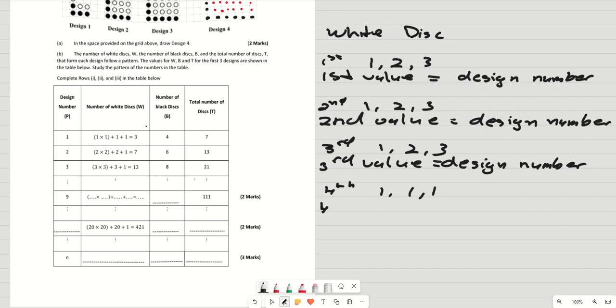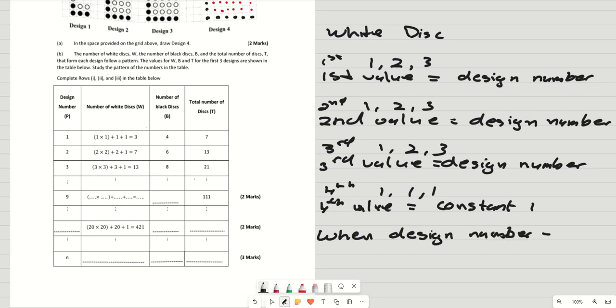So your fourth value is equal to the constant 1, right? So from this, when your design number is equal to n, your first value is n. Hold on, let me write this properly.